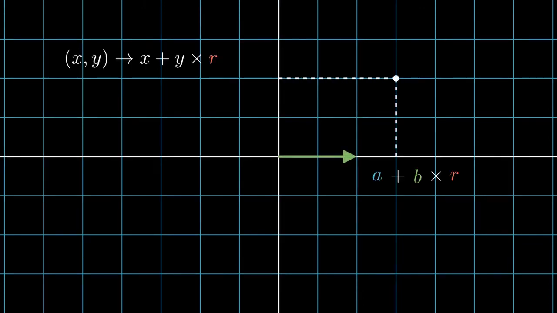Now, every point can be expressed as a binomial, with its number line component and its rotational component. But the most exciting part is that the multiplication property we defined earlier is completely preserved, but you can multiply in the way you're used to. All you have to do is figure out what r squared is.